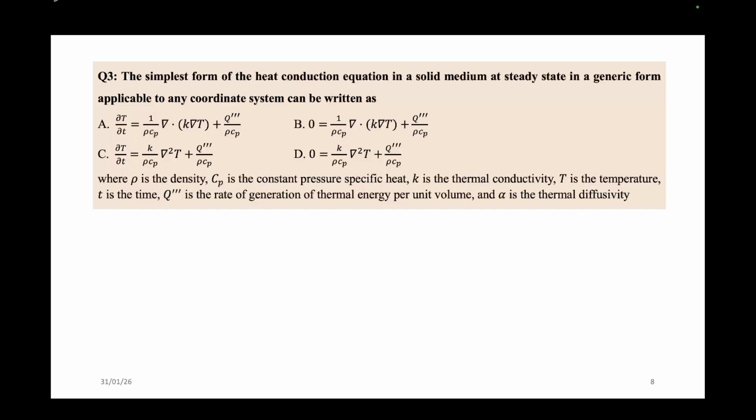Okay, please try. Yes, good. Option B is the correct answer.